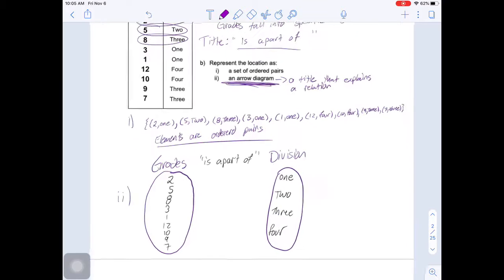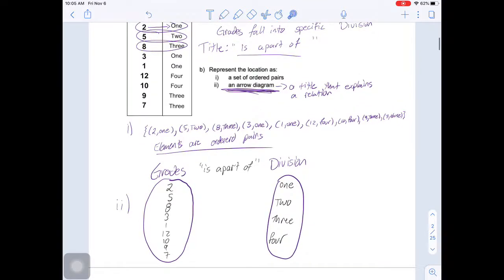So here, grades 2 is in 1. So this will be over at 1. Okay, and you can see my arrow there. Where's grade 5? Grade 5 is in 2. So that will go to 2 here. Grades 8 is in 3.